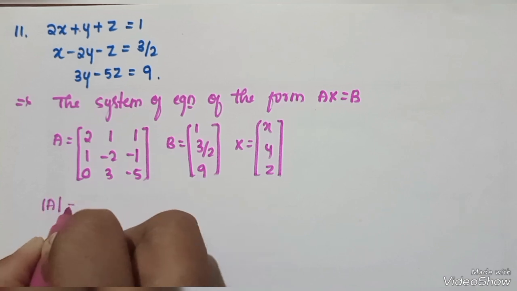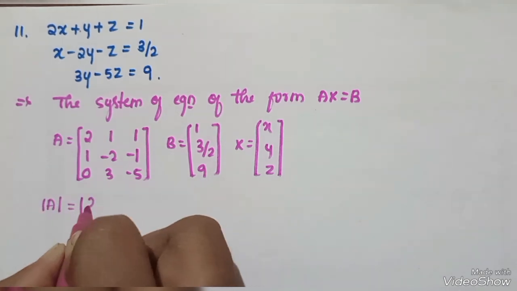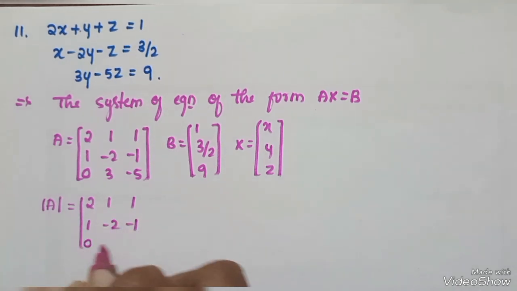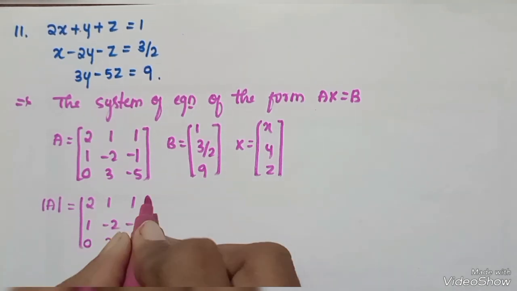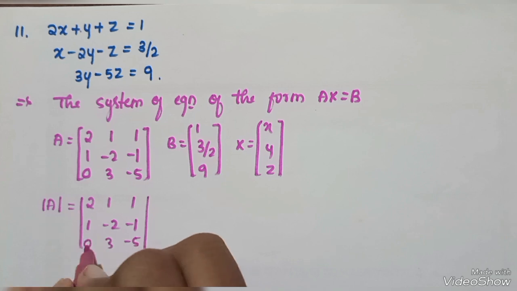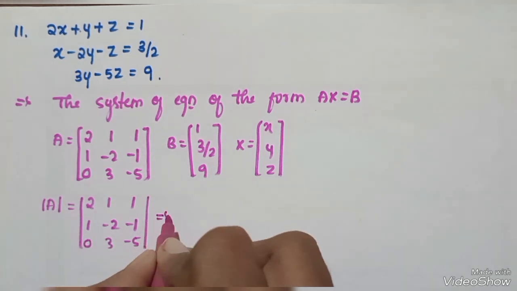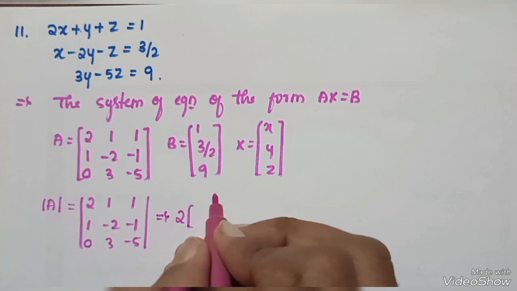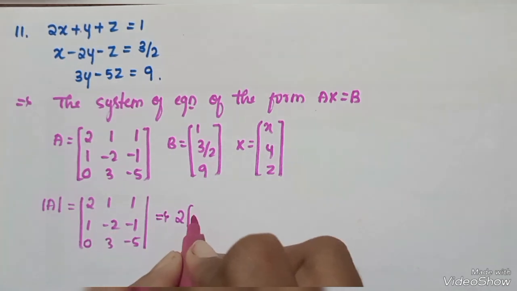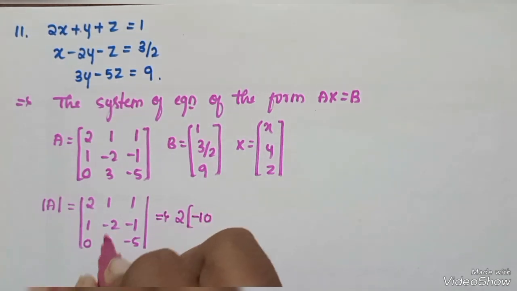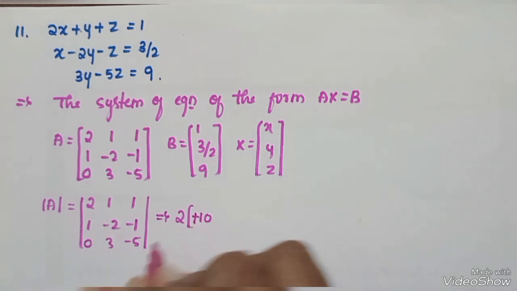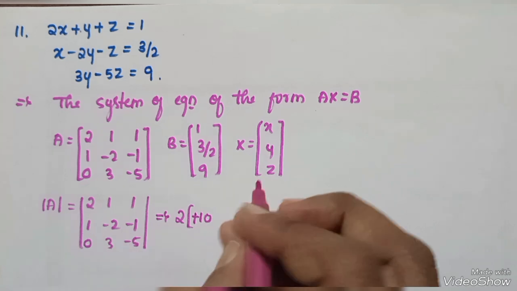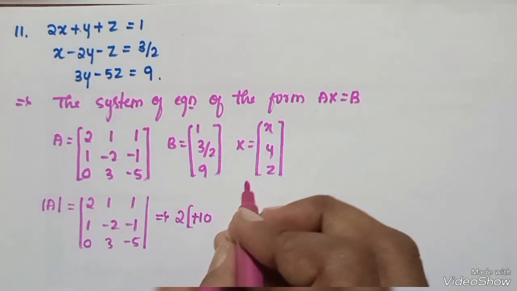Here the determinant of A is equal to 2 1 1, 1 minus 2 minus 1, 0 3 minus 5. I am expanding along column 1. Minus 2 into 5, that is minus 10, minus into minus plus, so plus 10. 3 into minus 1, it becomes minus 3.